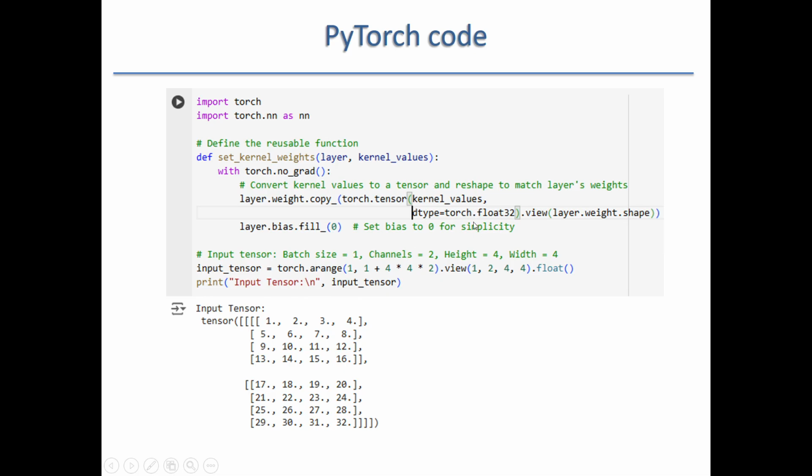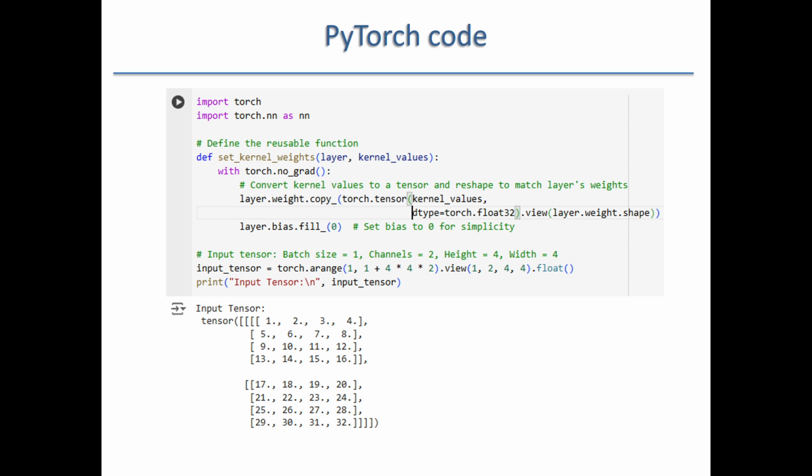So for instance, if this weight is a tensor of size 1 times 2 times 2, but you give me a 2 times 2 kernel, then this view will reshape it to be 1 times 2 times 2. And then just for simplicity, we are putting the bias to 0 so that we can see plainly the effect of the convolution.